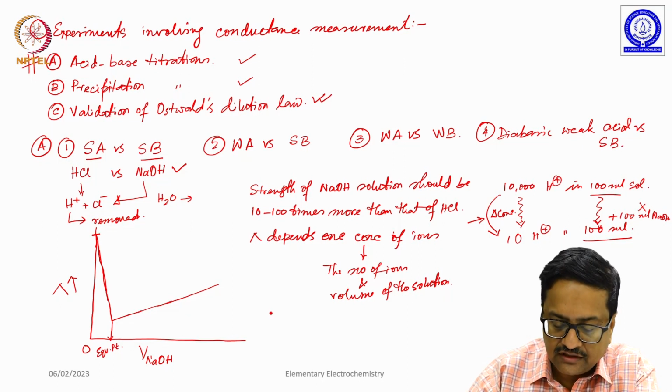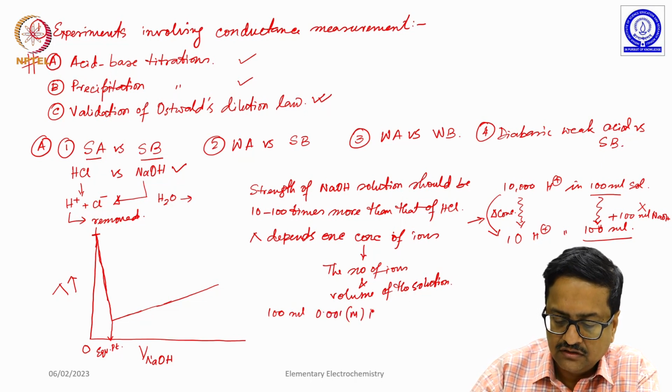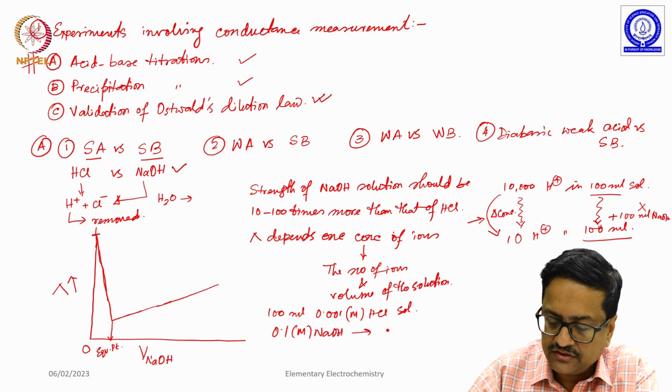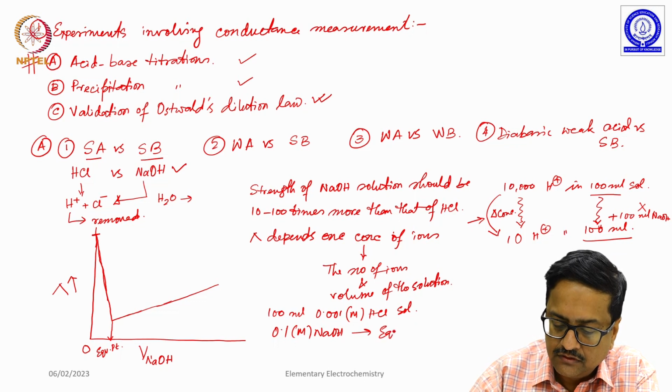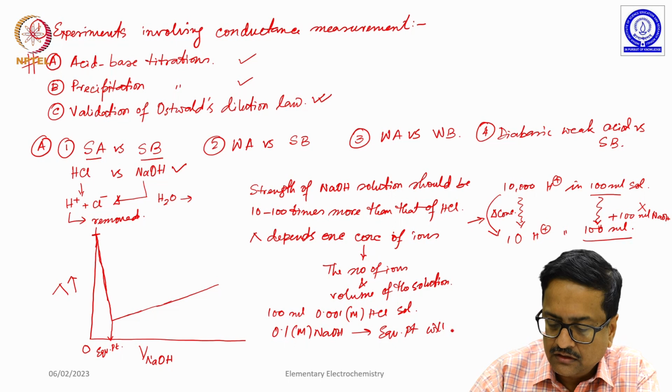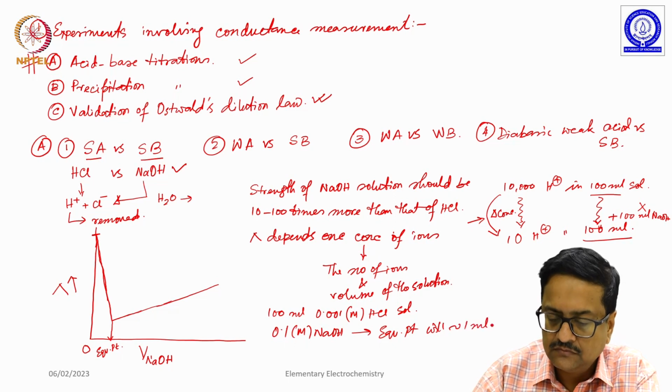So suppose we take 100 ml of 0.001 molar HCl solution, then we should use a 0.1 molar NaOH solution so that the equivalence point will come around 1 ml.